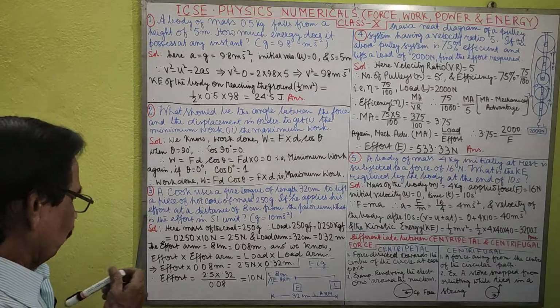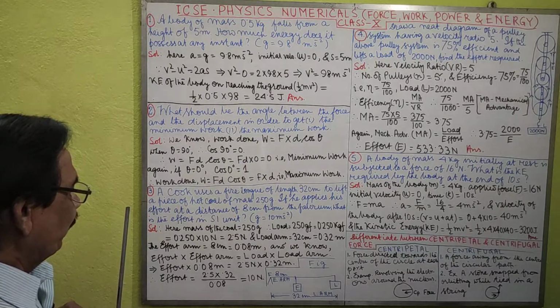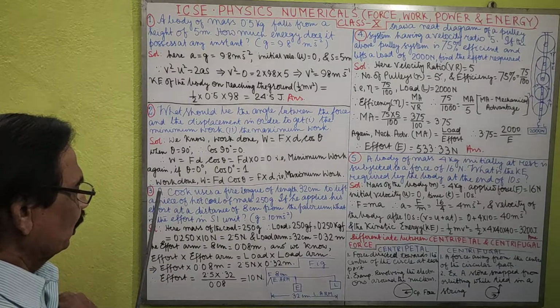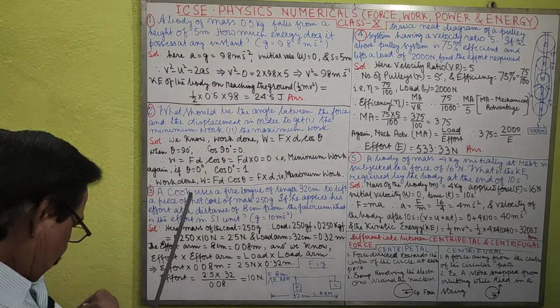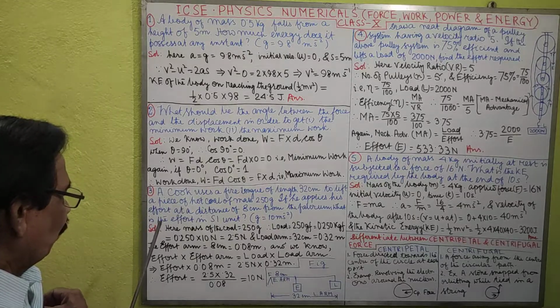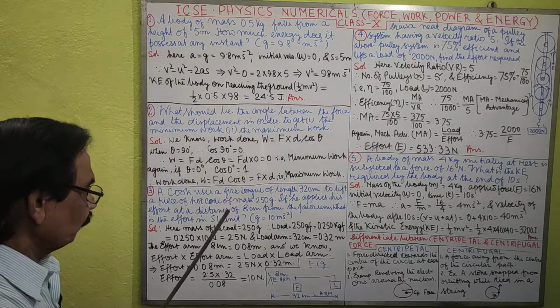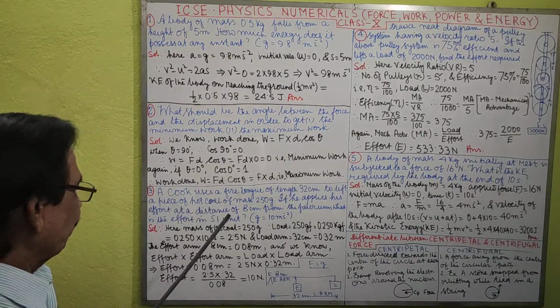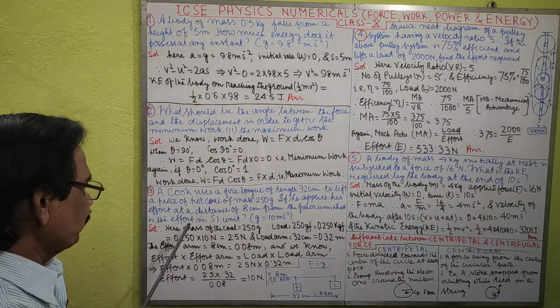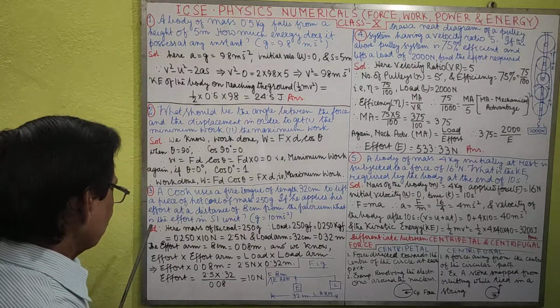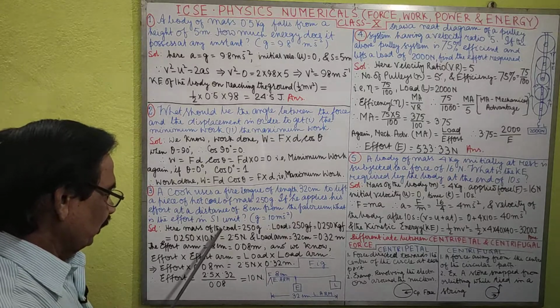Now, a cook uses a fire tongue of length 32 centimeter to lift a piece of hot coal of mass 250 gram. If he applies his effort at a distance of 8 centimeter from the fulcrum, what is the effort in SI unit?